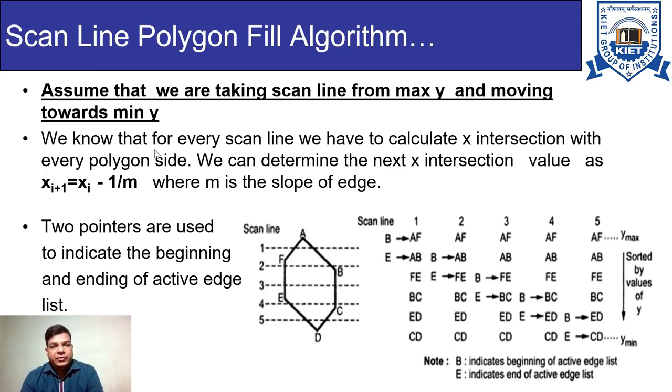So we know that for every scanline we have to calculate the x intersection with every polygon side. We can determine the next x intersection value as x(i+1) equals xi minus 1 upon m, where m is the slope of the edge. Here we are maintaining two pointers, which are used to indicate the beginning and ending of the active edge list.